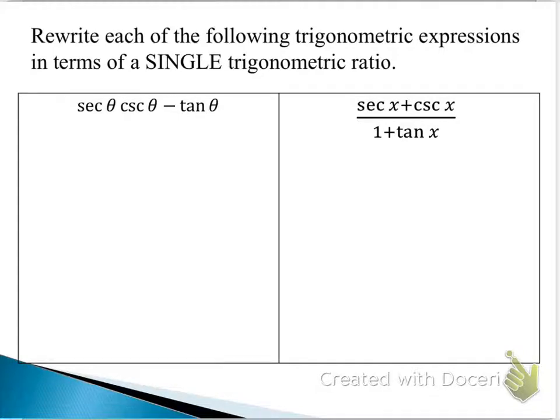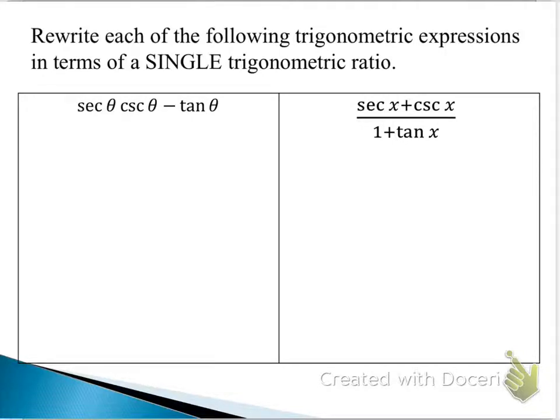So rewrite each of the following trig expressions in terms of a single trig ratio. And so right off the bat on this one, secant theta times cosecant theta minus tangent theta, my game plan here is to get it in terms of sine and cosine.